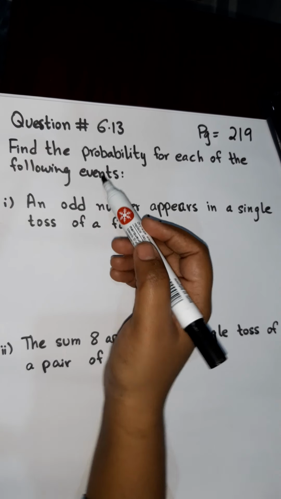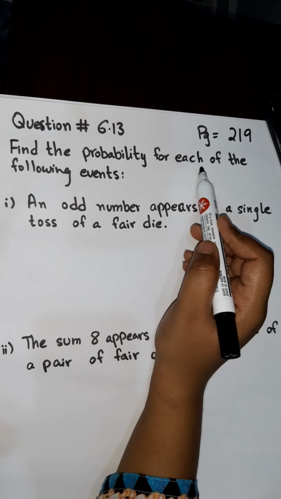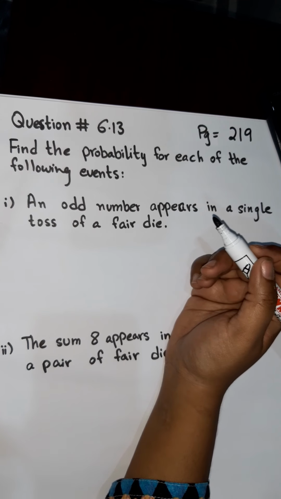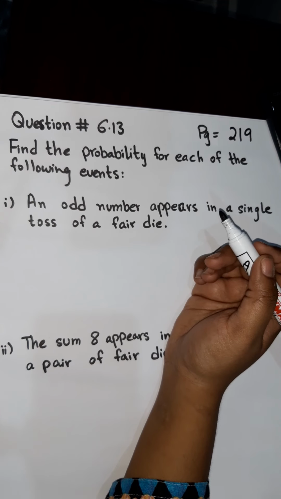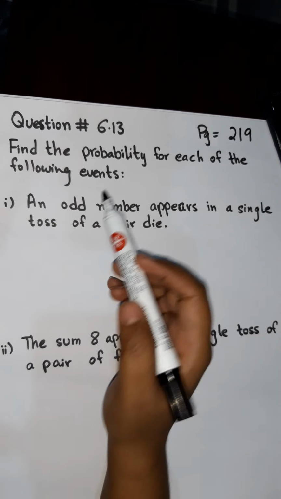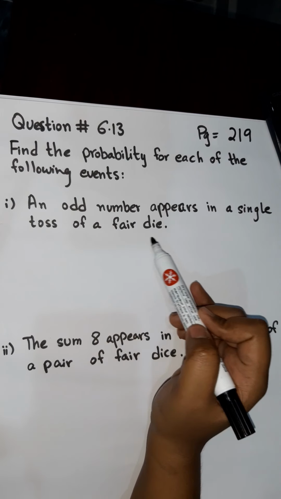Question number 6.13. Find the probability for each of the following events. Different situations are given to us, and we have to find the probabilities of each of them. First is, an odd number appears in a single toss of a fair die.